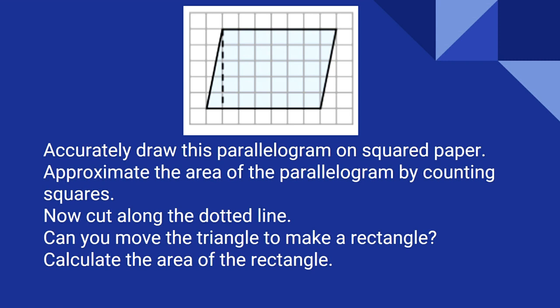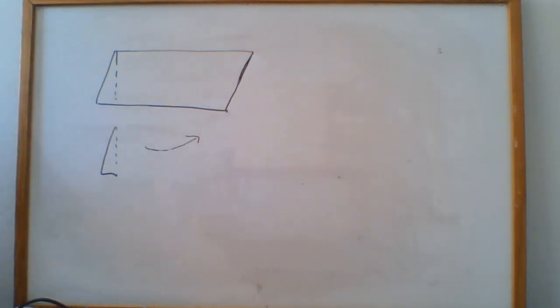When you've cut along that dotted line, you will have a triangle, okay? Can you then move that triangle to turn that parallelogram into a rectangle? Have a go at doing that task now, and when you're ready, resume the video, and I'll show you how I did that. Okay, well done if you had a go at that.